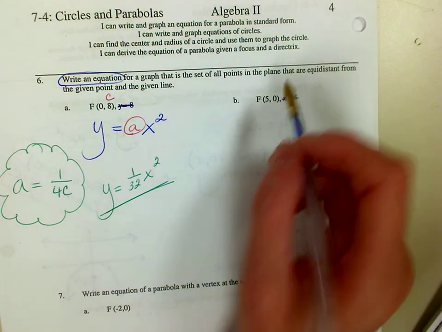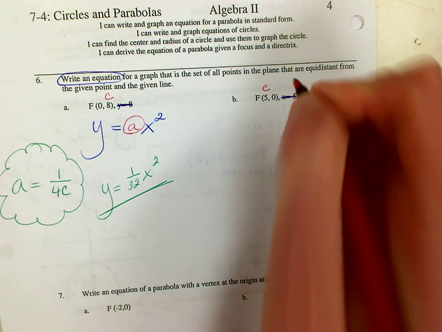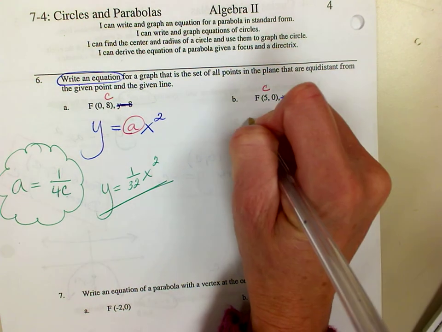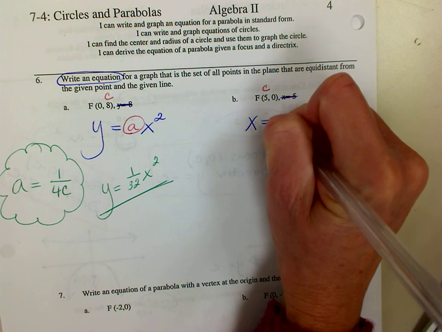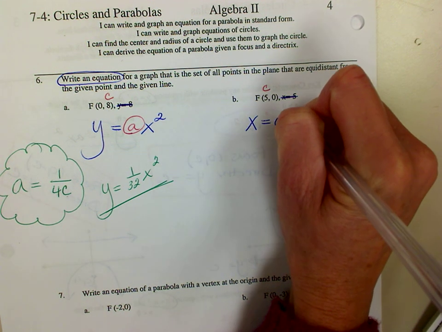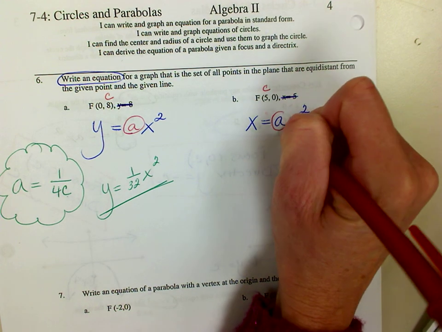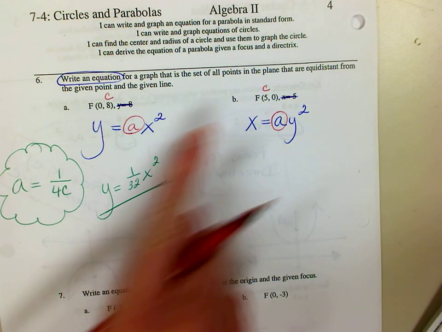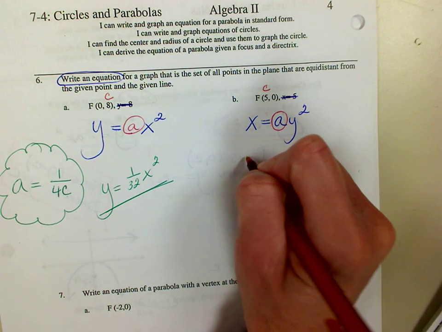Okay, B. This time the focus is in the x spot. So my equation is going to be x equals, and since it's positive, it's going to be a positive A y squared. So I got to figure out what A is. So I'm going to put 5 in for C, which is 1 over 20.